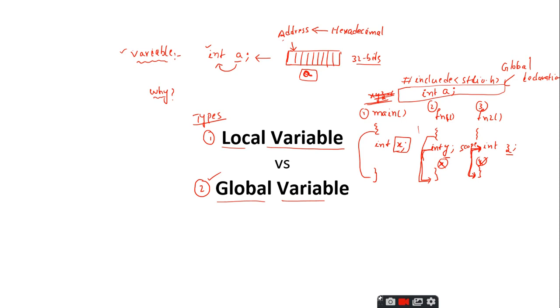So for example, if I declare a variable called a as integer data type in the global declaration section of the program, this entire thing is my xyz.c.